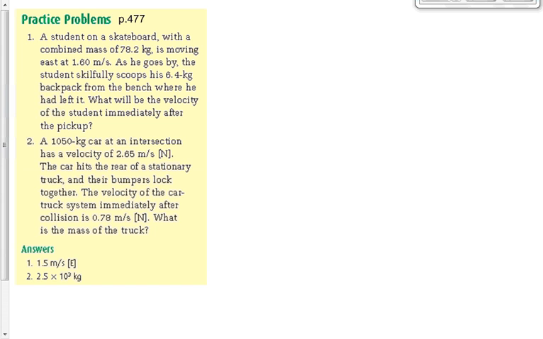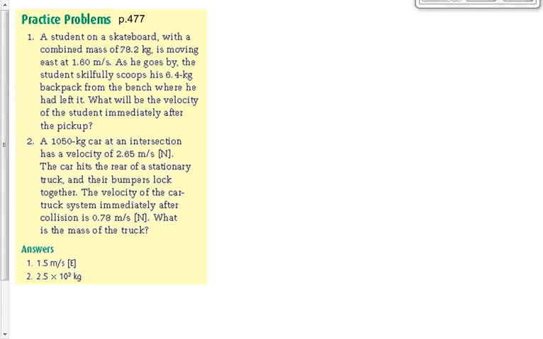Anything here jump out at you? I haven't really seen a red pen thing in either one of these questions because the units are pretty standard, right? There's no north-south. It's all one direction. So that's good. Those things that can lead me to a silly mistake are pretty much out of the question here.